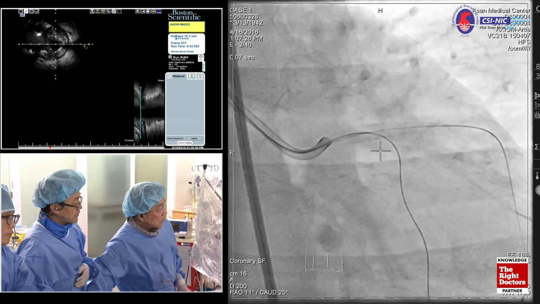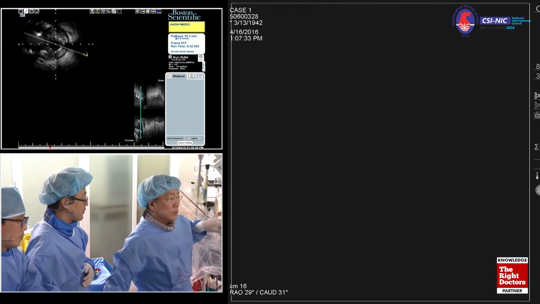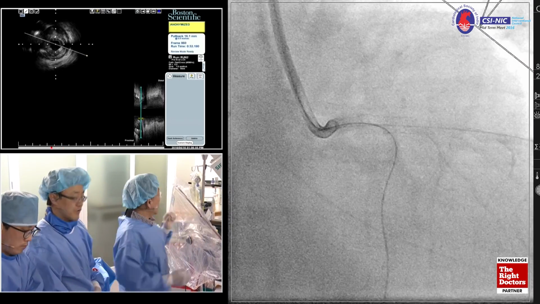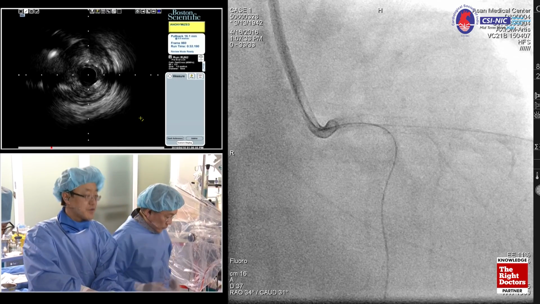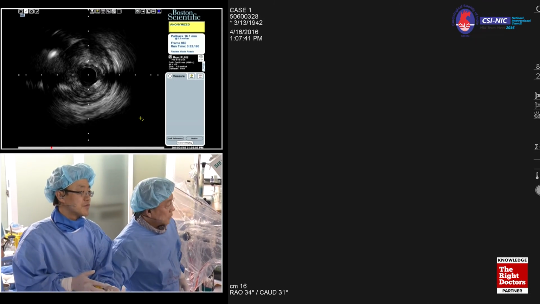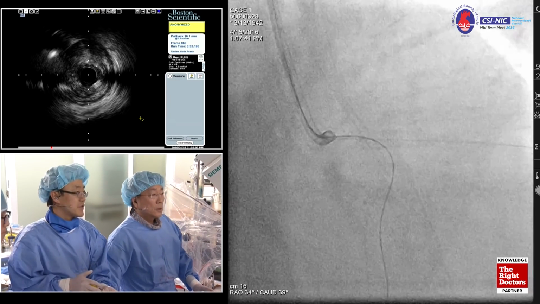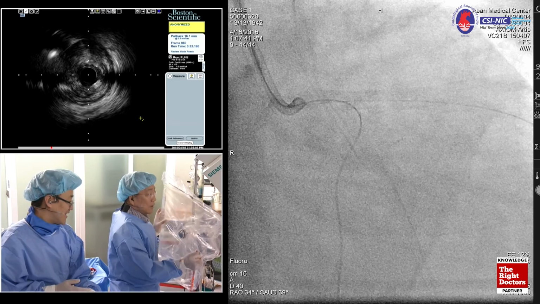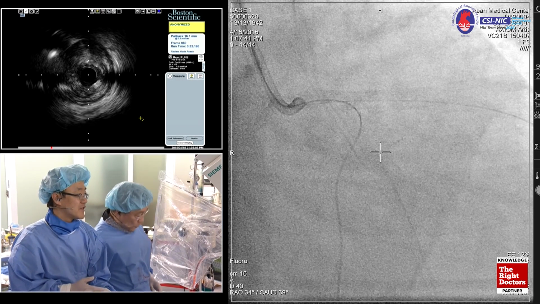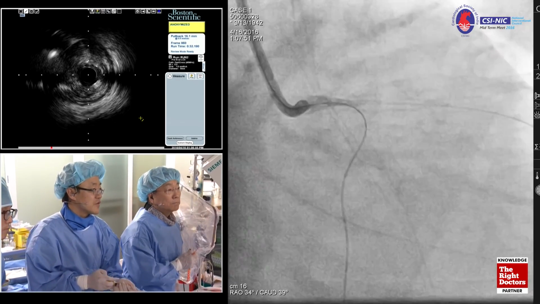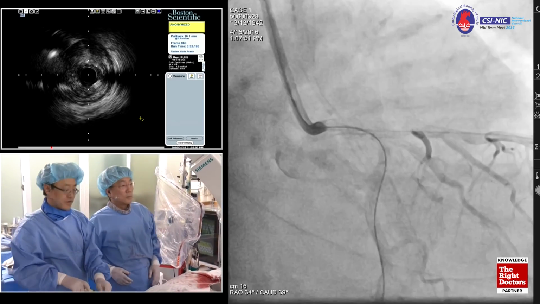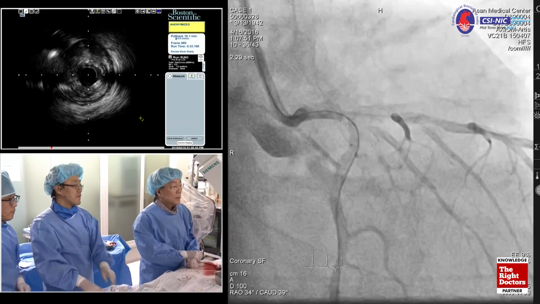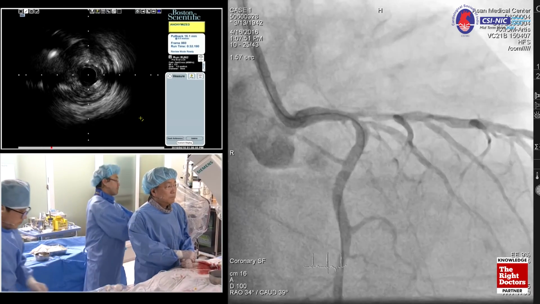So, caudal and cranial, that is more clear. Usually, the spider view is not favored by operators. However, the view is good. For that, I have no other choice, right? Okay, take a picture here. Okay, that one. What do you think? More clear, right?